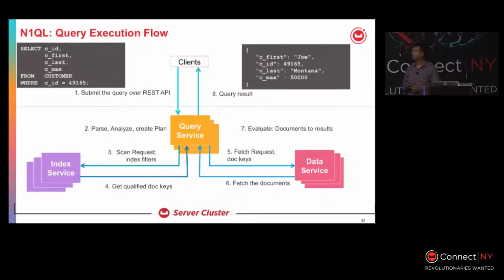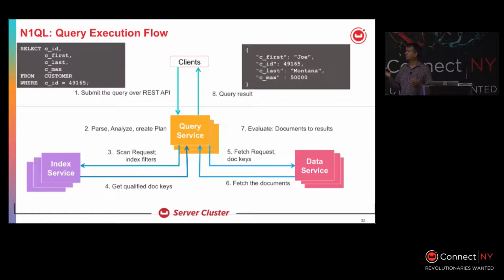Let's look at the orchestration. Clients issue a query over the REST API. REST API is the lower layer. You typically issue the query with the CBQ shell or your workbench, or in your application with any of the Java, Python SDKs.